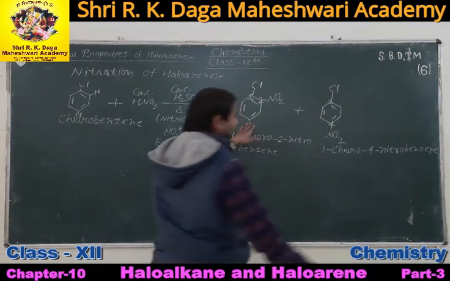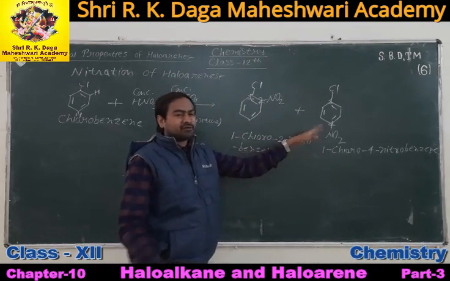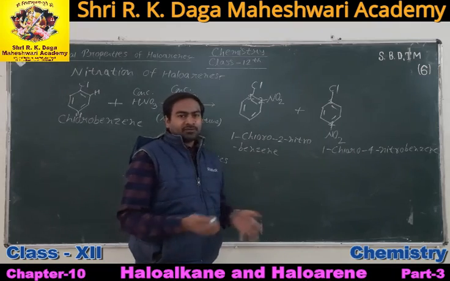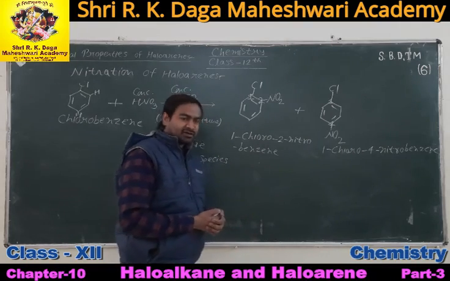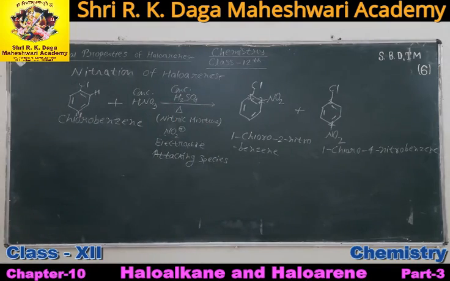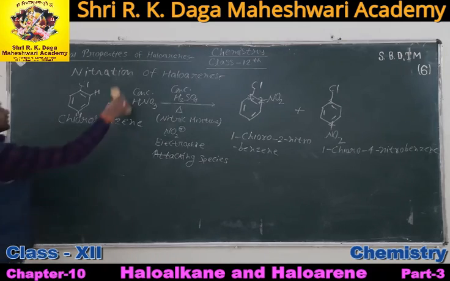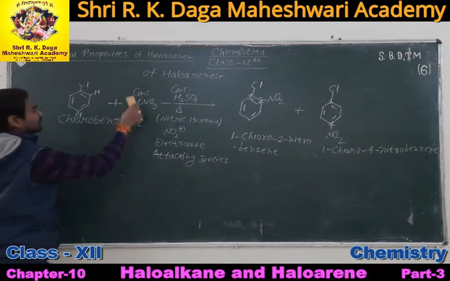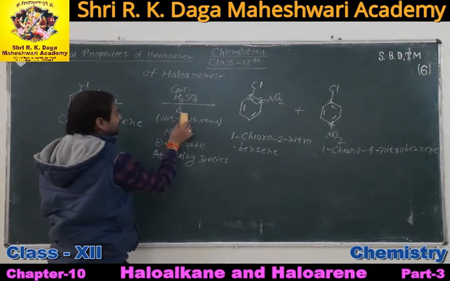Again it will be a minor product. I am not mentioning it here because you already understand this. Okay, so take a quick look at this reaction because I am going to erase this board to do our next reaction, which is sulfonation. So now we will do sulfonation.